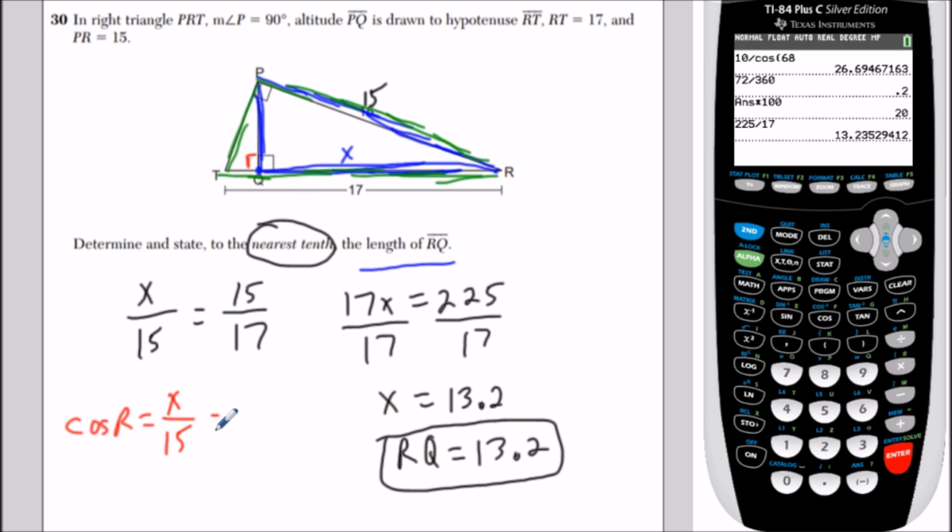But in the green triangle, cosine of R, the adjacent side would be 15 over the hypotenuse 17. So you see how it gives us the proportion we had before? This is just a second way of interpreting this question, because the more ways you could understand it, the better off you'll be. But we don't need this in our actual solution.